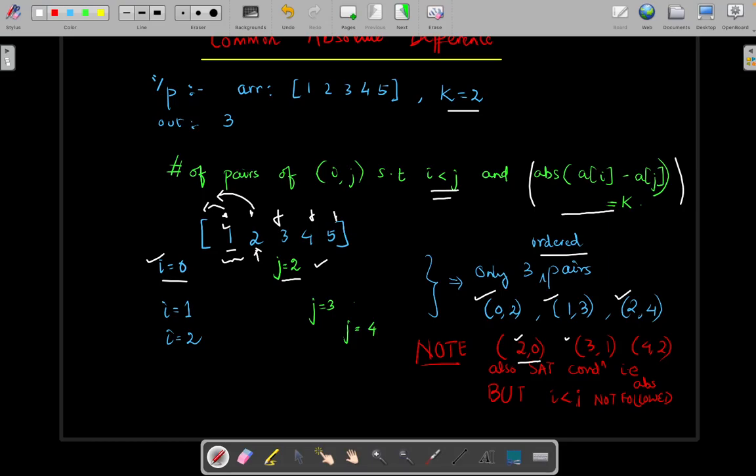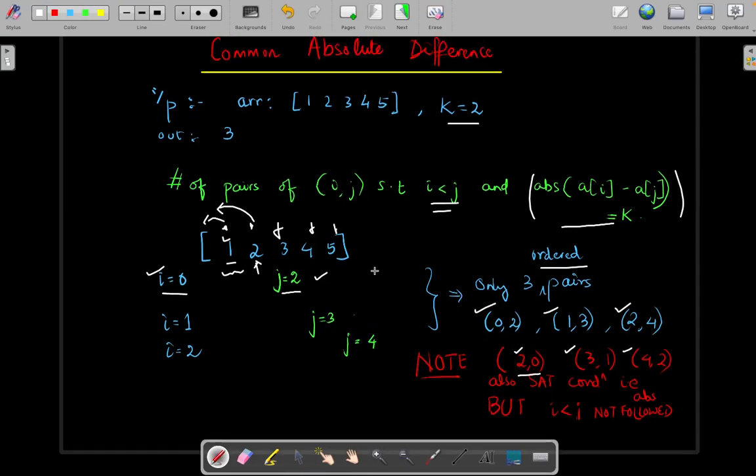By the same line of argument, 3, 1 and 4, 2 do not qualify, although the distance between them is 2. So that is one thing to note: it's an ordered pair counting question.